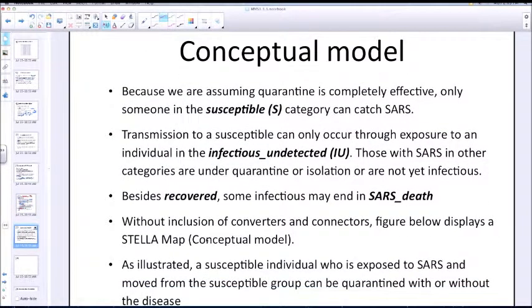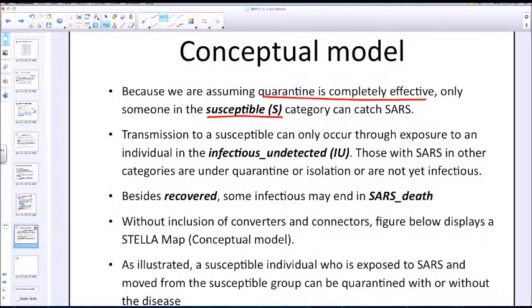So in this conceptual model, I will let you read the detail. Basically, the conceptual model is what I talked about a moment ago. As soon as the quarantine is completely effective, then only the susceptible, the first group, spread the disease.